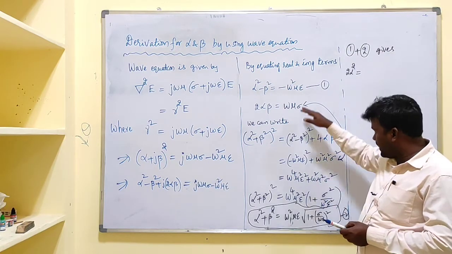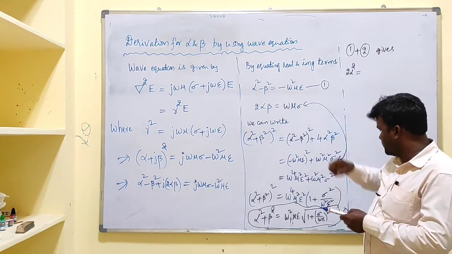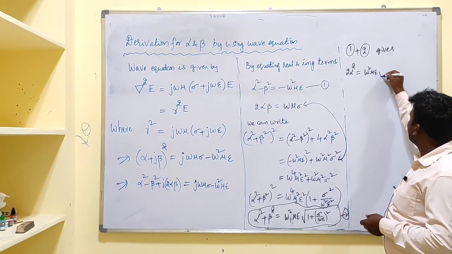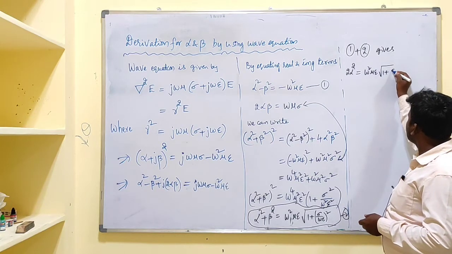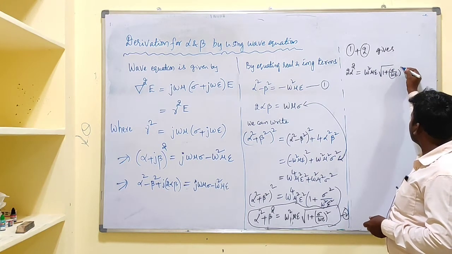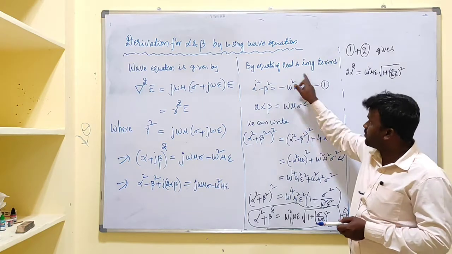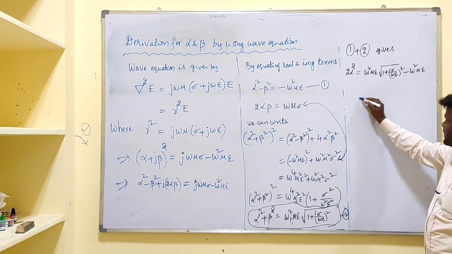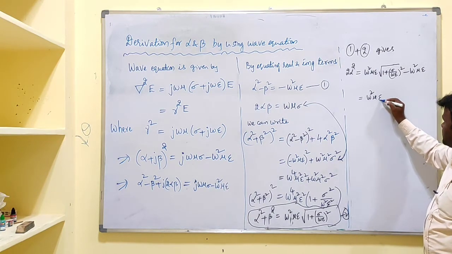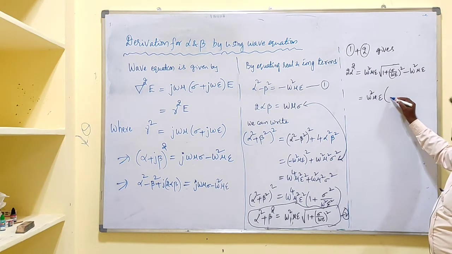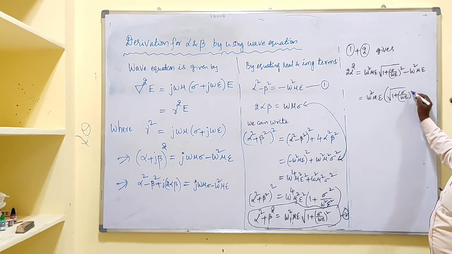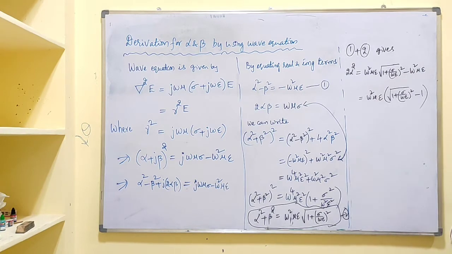And we are adding these two terms: the first term is omega square mu epsilon into under root 1 plus sigma by omega epsilon whole square, plus this term. Again we can take omega square mu epsilon as common. The remaining term is under root 1 plus sigma by omega epsilon whole square minus 1. This root is up to this part only.